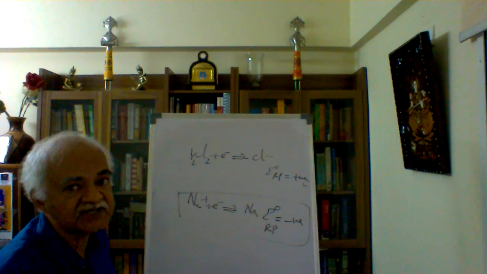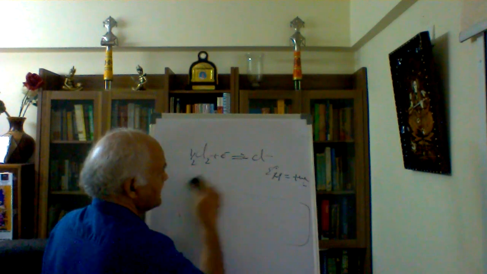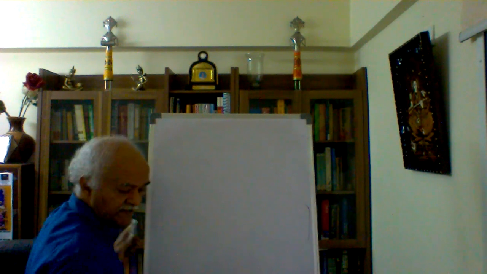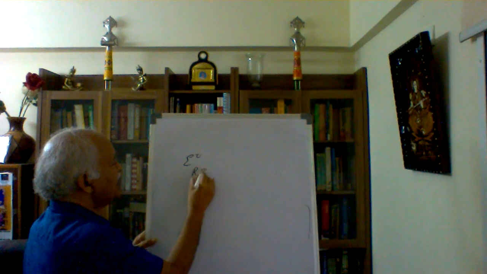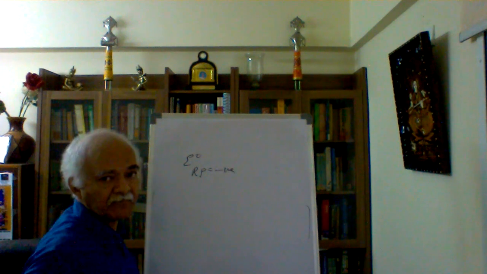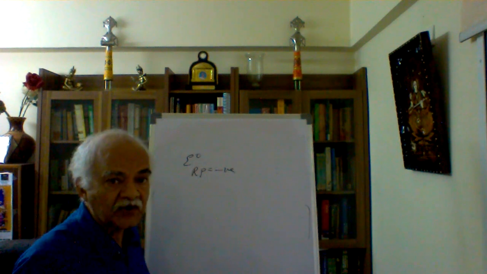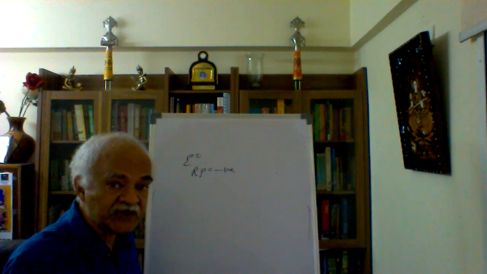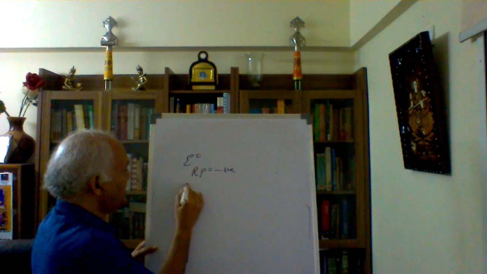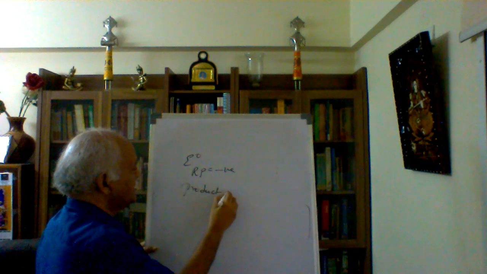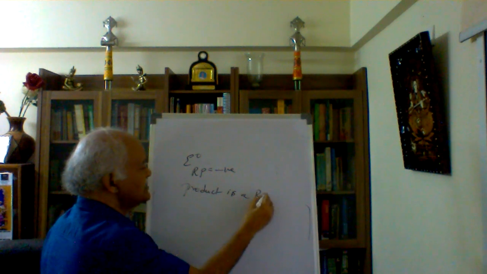Let me summarize to this point. I will write down. If E naught RP is negative for a particular half reaction, which part of the half reaction are we focusing on? The product. Product is a reducing agent.